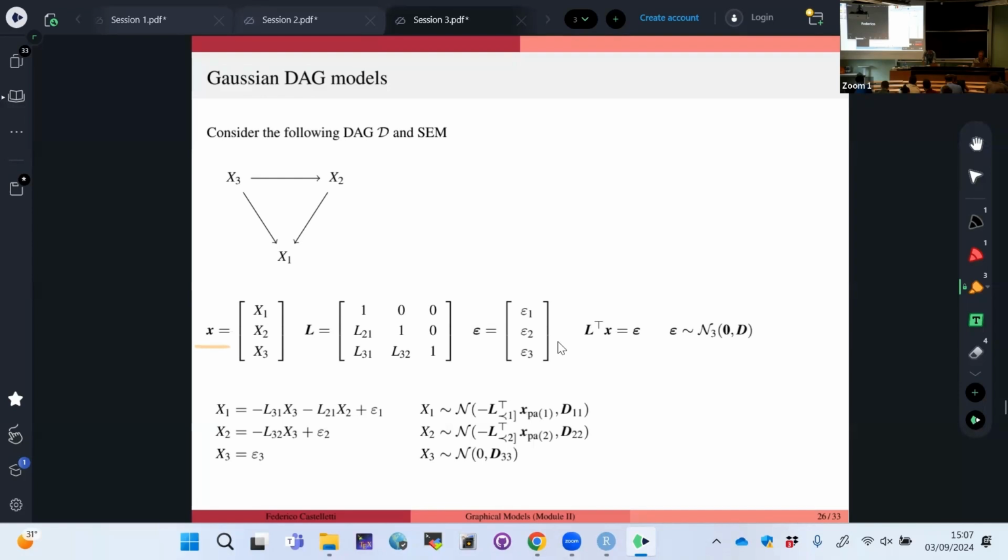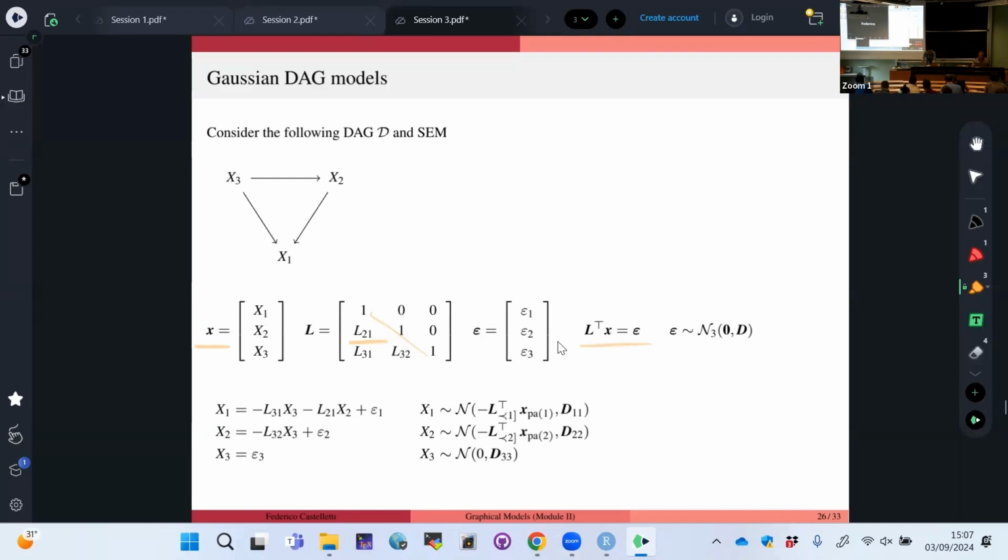So the corresponding elements in L will be non-zero. In practice you have a coefficient from 2 to 1, from 3 to 1, from 3 to 2. Then the diagonal elements are equal to 1, and all the other elements equal to 0. And then we have the error terms, epsilon 1, epsilon 2, epsilon 3.